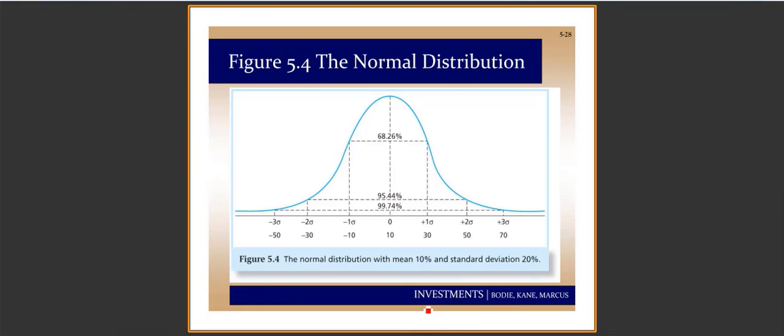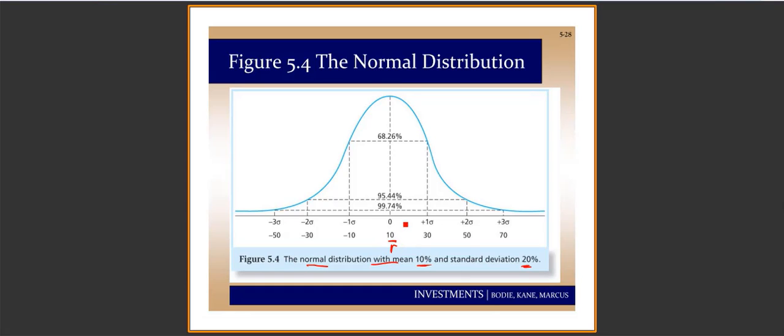I don't know if you remember this from a statistics course, but if you've got a distribution that's normal, right here in the middle of your distribution is your mean. So this is a normal distribution with a mean of 10 and a standard deviation of 20. So here's R bar right here. That's your mean.